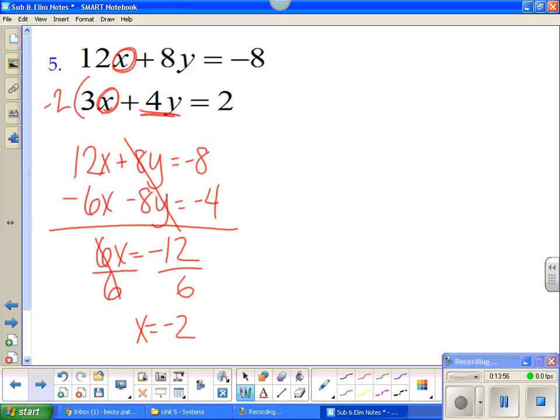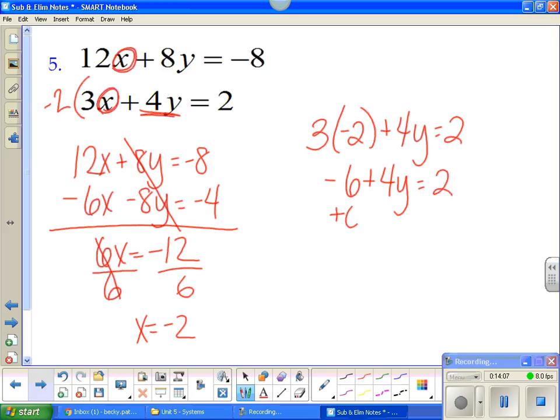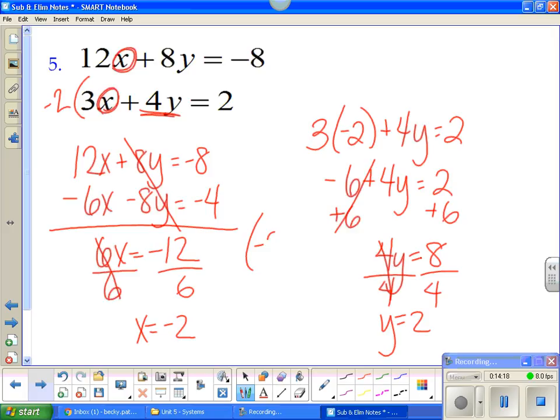I'm going to go to the bottom because I think it's easier. So my answer is (x, y).